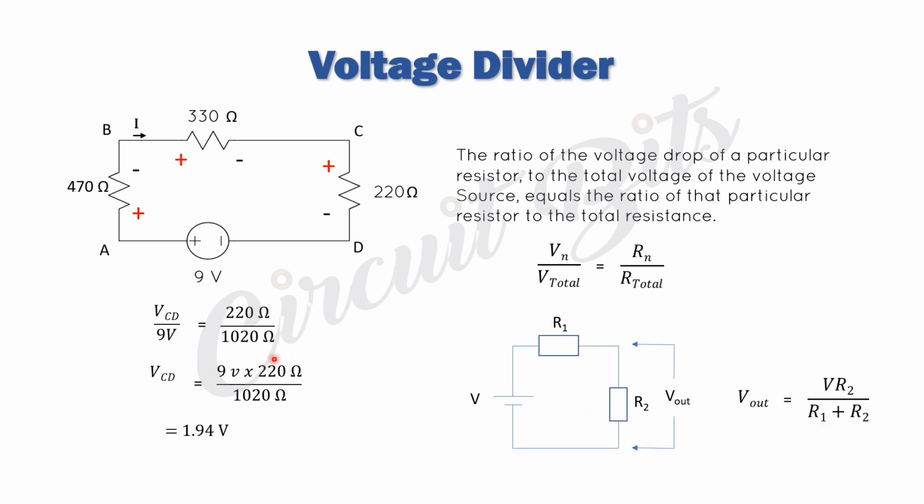That's the same formula as this. VCD in this case is Vout, which equals V, the total voltage, here 9 volts, times R2, the resistance of that particular resistor, in this case 220, divided by R1 plus R2, the effective resistance, which is 1020 ohms. So it's the same formula.